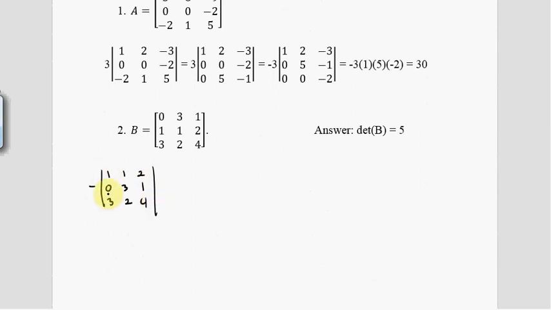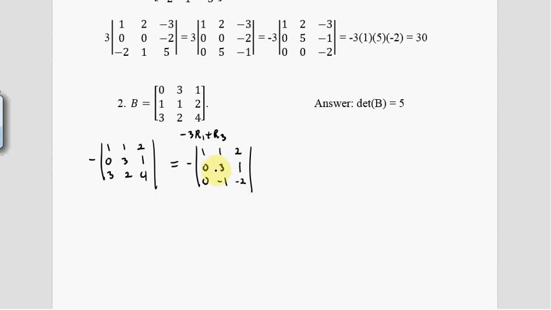Then we use this 1 to get a 0 where that 3 is down there. So, we're going to say negative 3 times row 1 plus row 3. There's no change to the determinant. This is equal, negative in front, 1, 1, 2, 0, 3, 1, this is 0, negative 3 and 2, negative 1, negative 6 and 4, negative 2.